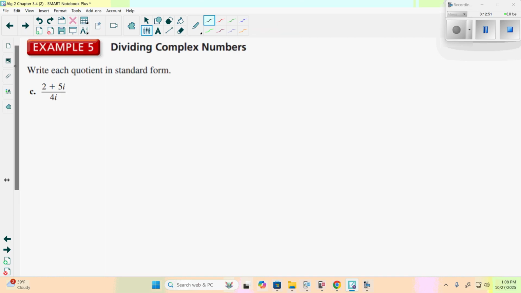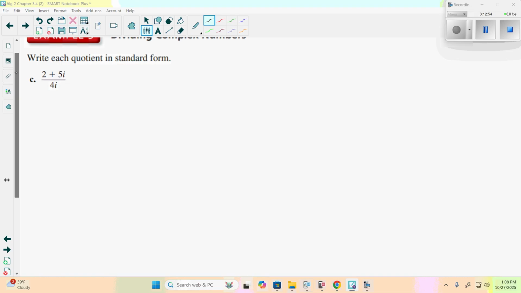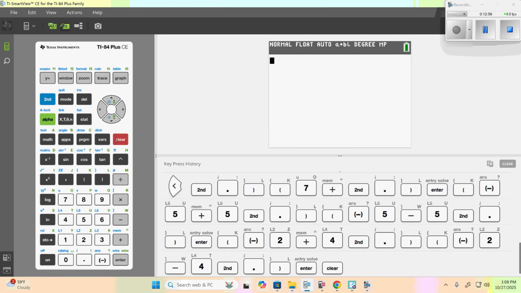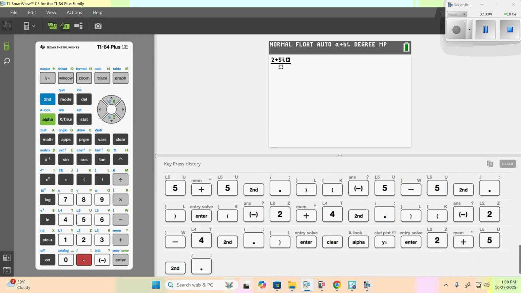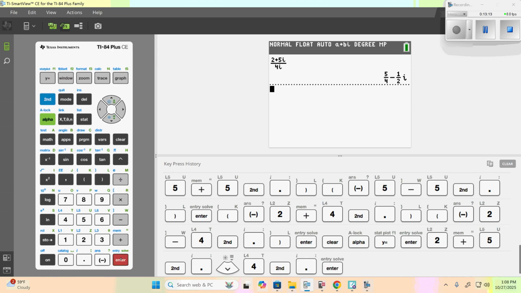So, our next one's 2 plus 5i over 4i. Well, up to this point, the graphing calculator has been able to do all of these. Yes? So, alpha, y equals, enter, 2 plus 5, second decimal to get us i, over 4i.